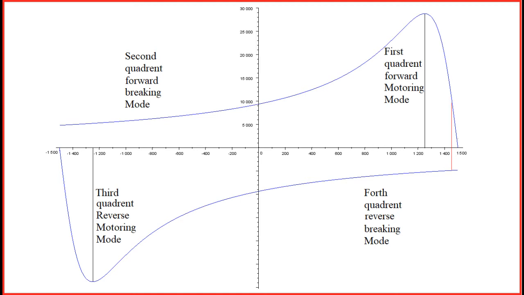When brakes are applied at 1450 rpm, transition from first to fourth quadrant is shown by red color line. From this point onwards, reducing speed with increasing braking torque is followed by motor in fourth quadrant and motor stops.